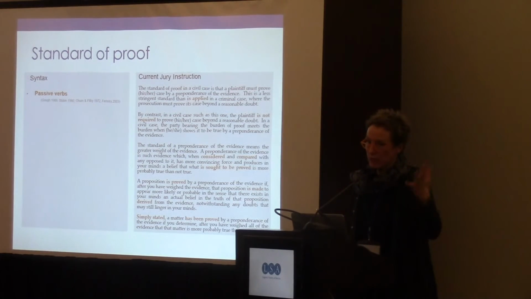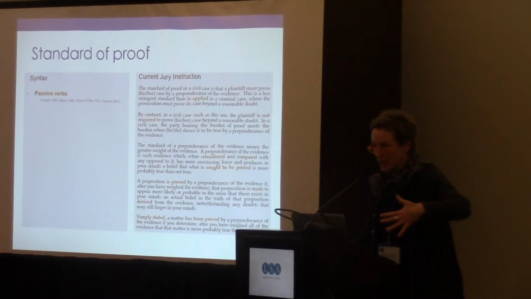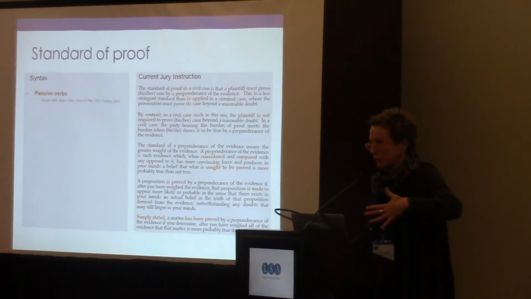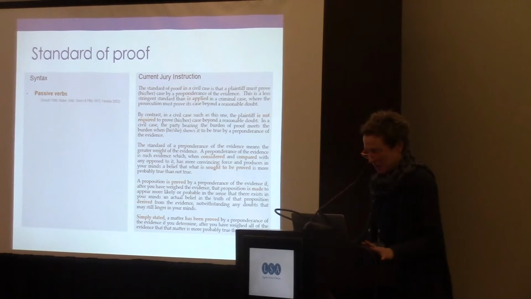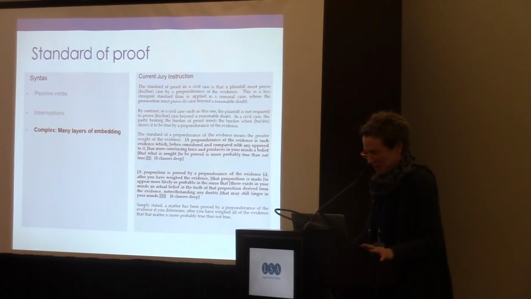And then, just to move on, not go through all of them, but to move on to the syntax. We showed all the passive verbs that are in this particular jury instruction. There are 11 of them in these 4 paragraphs or something. That's a lot of passives.